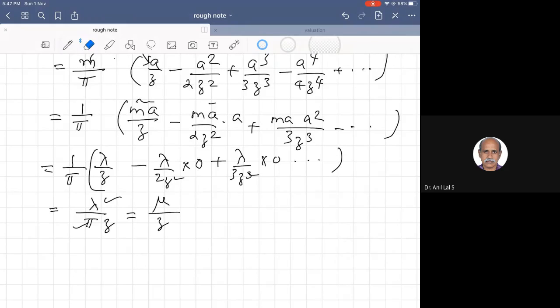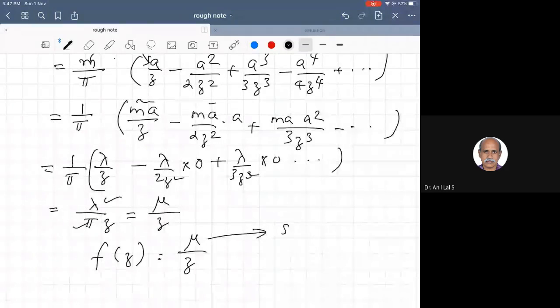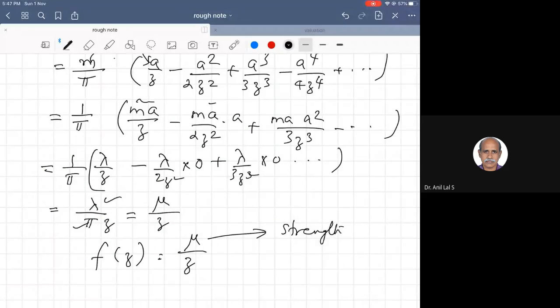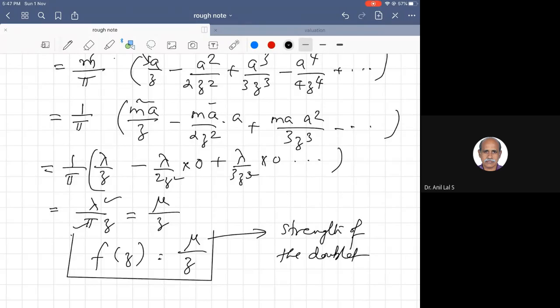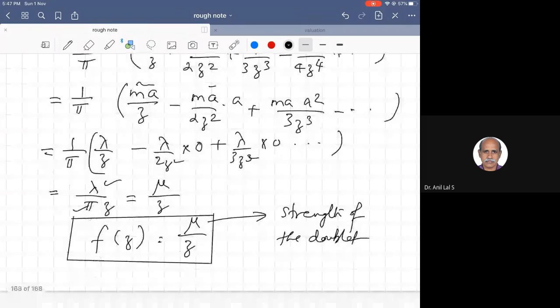So we can write it once again. F(z) is equal to mu by z, where mu is a constant called the strength of the doublet. So this is the equation for the complex flow potential of a doublet.